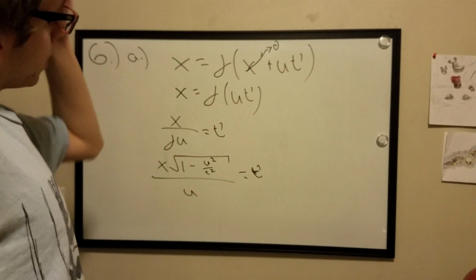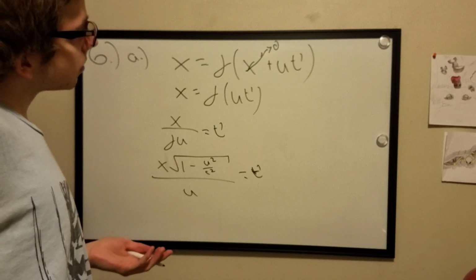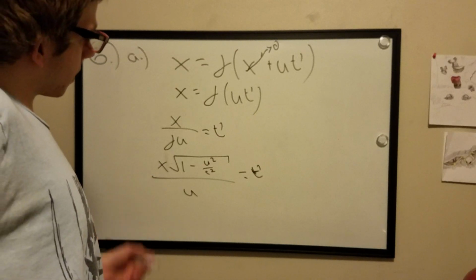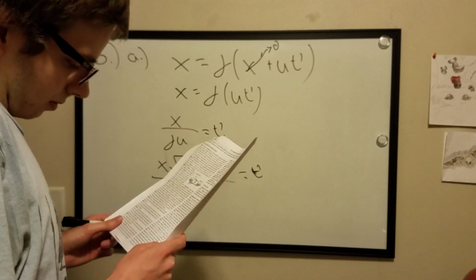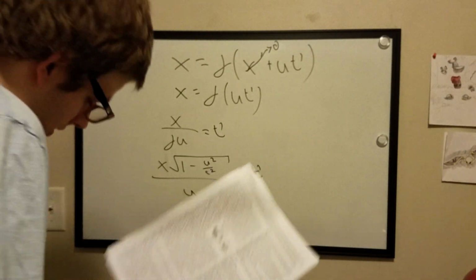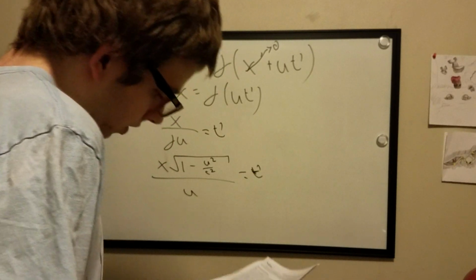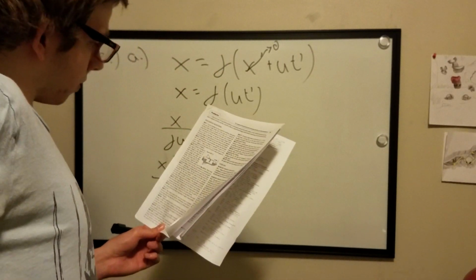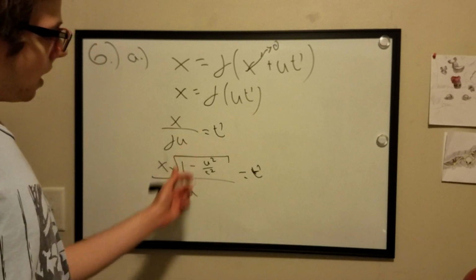So if we just plug in the values given to us, x was given to us to be 1.20 times 10 to the 8th meters, so we plug that in there. And then we plug in u, which is also given to us. U is her speed, and that is 0.800 c, so we plug in that and the speed of light.